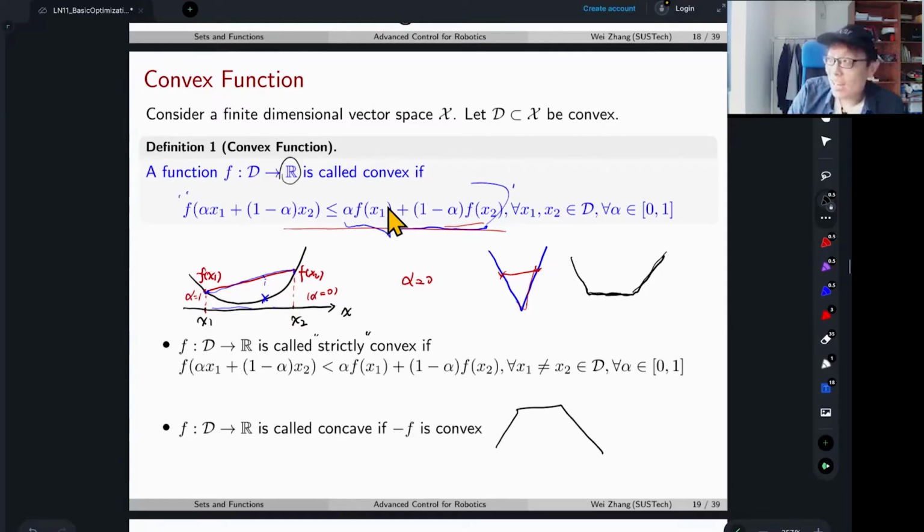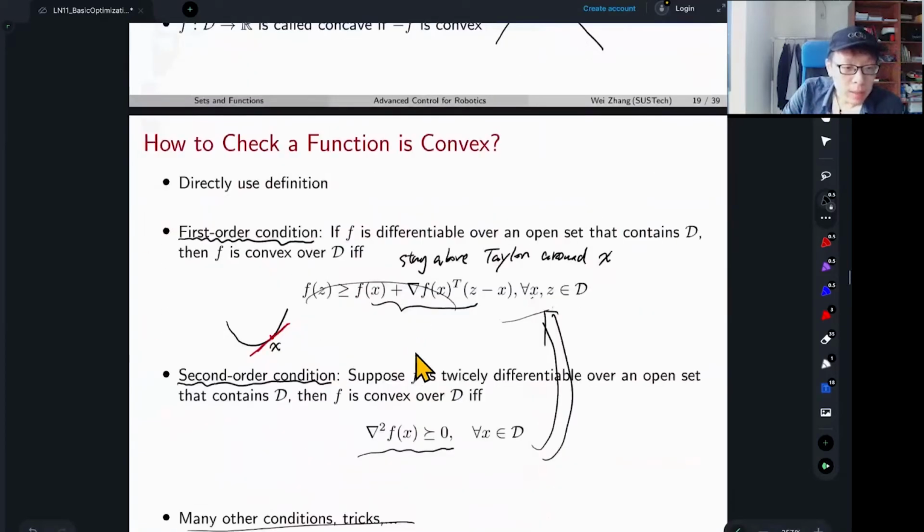And there are many other tests that you can use to check whether a function is convex or not. A popular test, maybe most of you have heard of or used before, is the second order condition, but that requires the function to be twice differentiable at least. In that case, the function is convex if the Hessian is a positive semi-definite matrix.